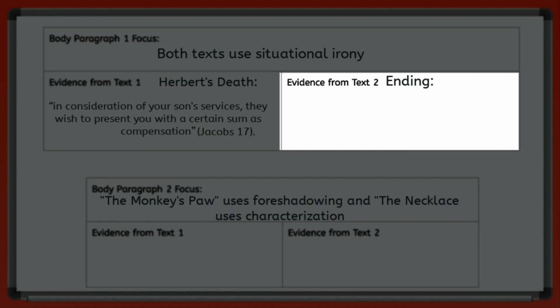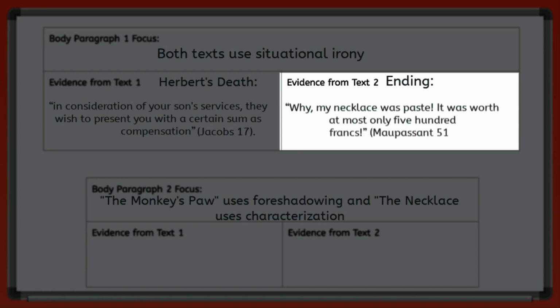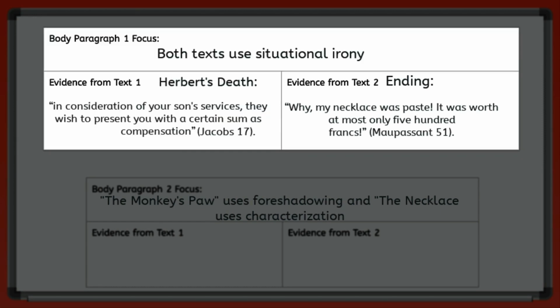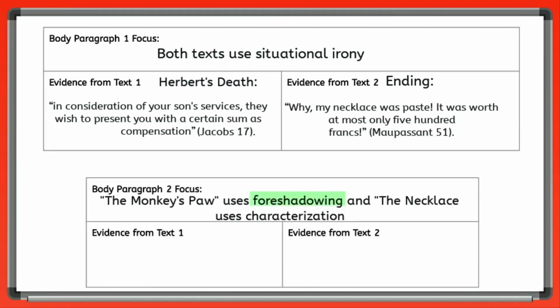The quote reads, "Why, my necklace was paste. It was worth at most only 500 francs." And that is from page 51. So now I have my whole first body paragraph outlined, and I could do the same thing with body paragraph 2, looking for an example of foreshadowing for "The Monkey's Paw" and an example of characterization in "The Necklace."